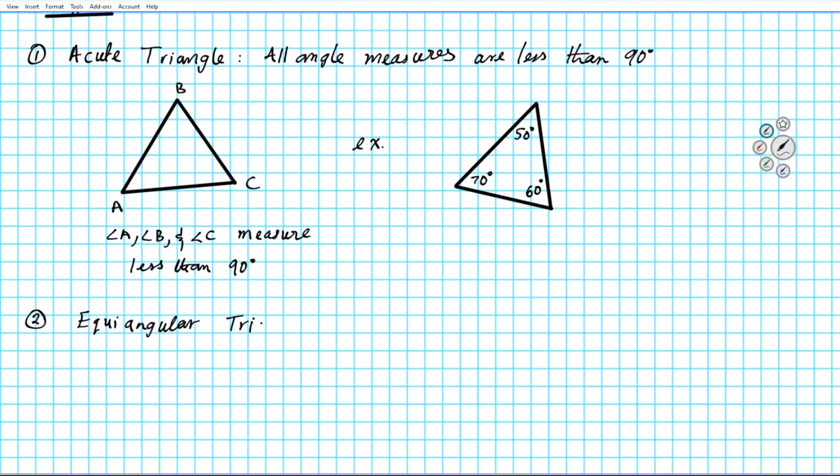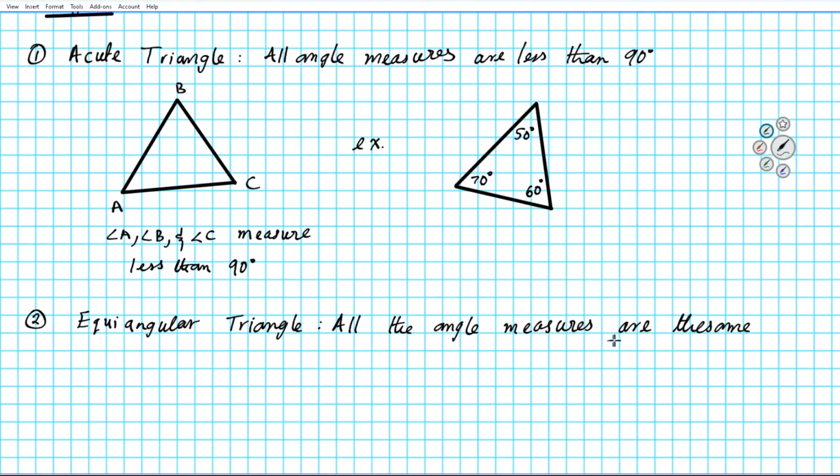So an equiangular triangle is what you have when all the angle measures are the same. And guess what? Whenever you have an equiangular triangle and all the angles are the same, they're also equal to 60 degrees.